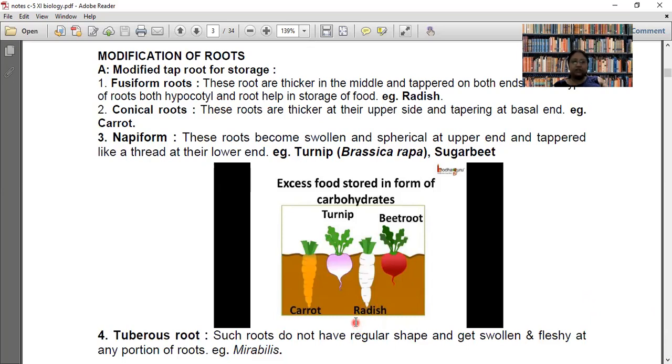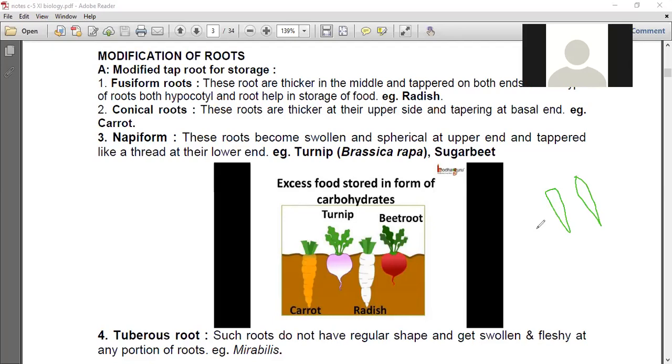So, what is the special thing about them? If you look into radish and carrot, you may be able to see that this is the structure of a carrot. And in case of radish, the root is like this. Is it clear to all of you?